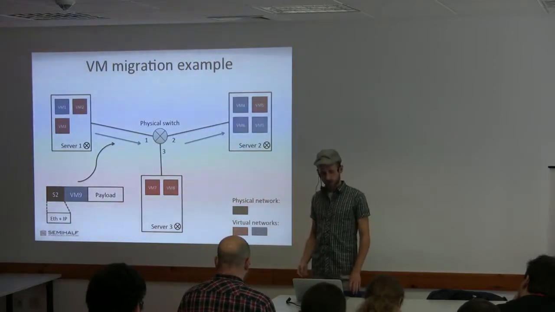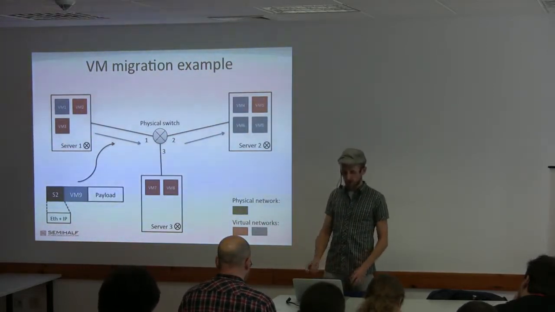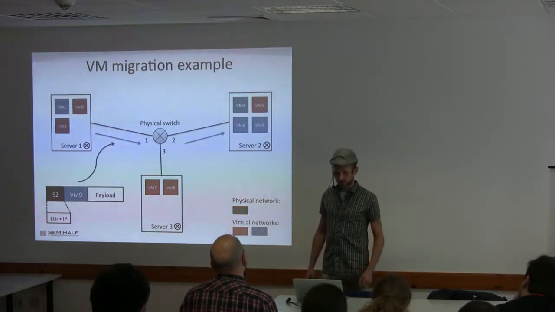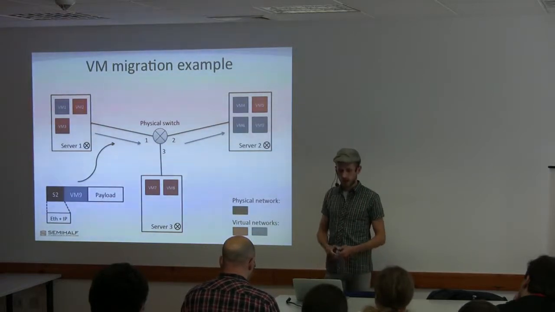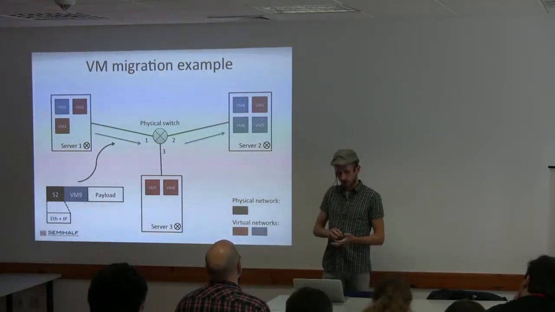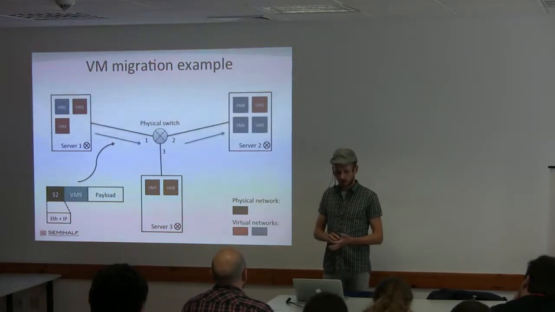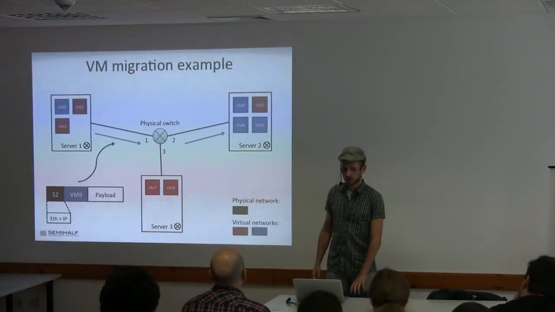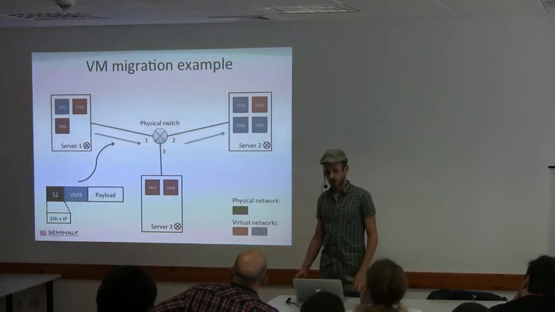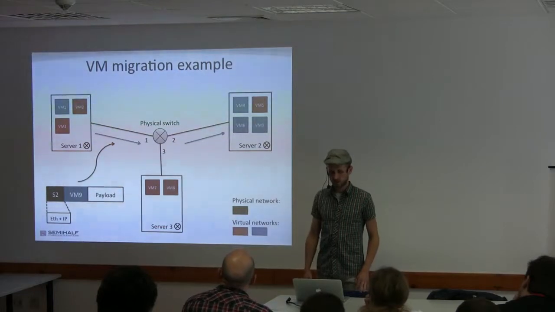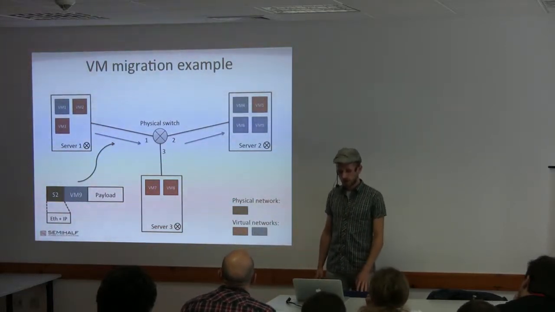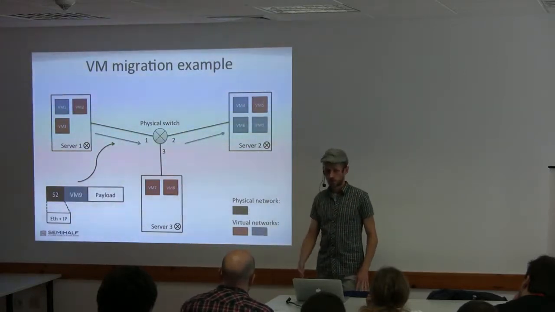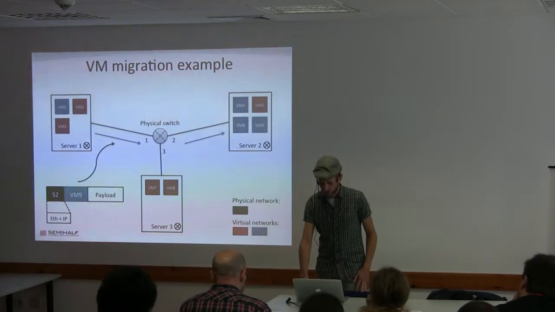We no longer have the same packet as in the previous example with VLAN, because now we know that this VM is on server 2, so we encapsulate it with S2 Ethernet and IP headers, and this is just sent to the physical switch. The physical switch knows where the physical host is, so it forwards it to port 2, and the packet reaches the server which is currently hosting VM9.